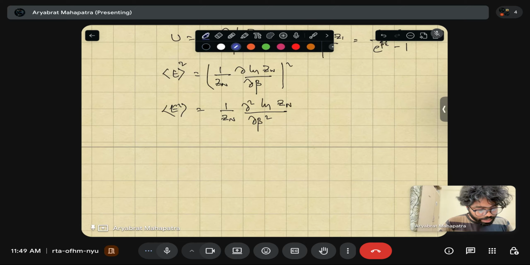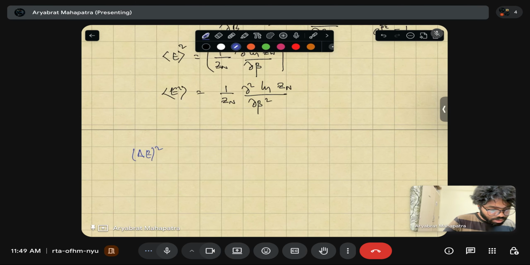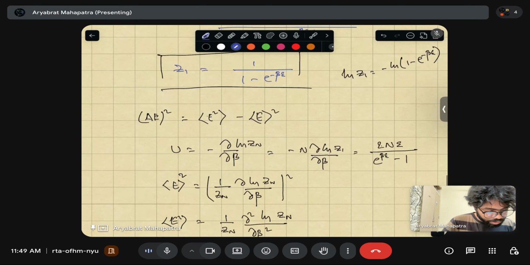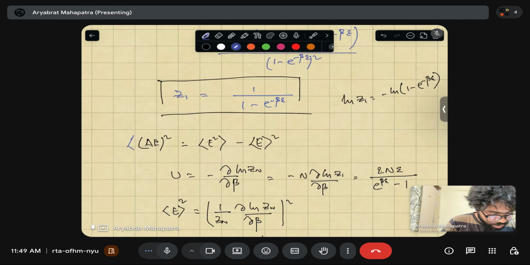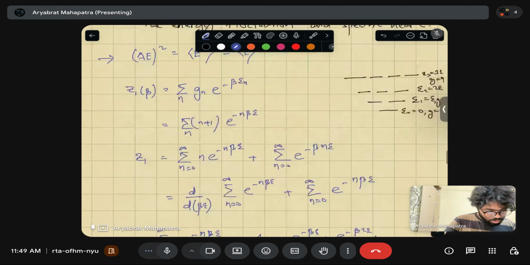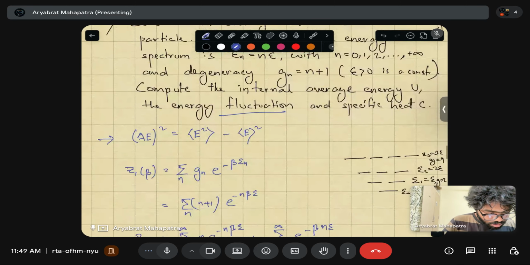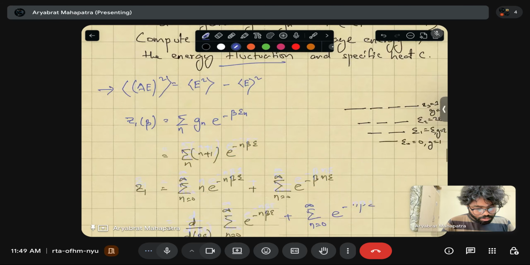So if you see, your delta E now basically becomes delta E square. The fluctuation basically means this delta E square average. Okay.